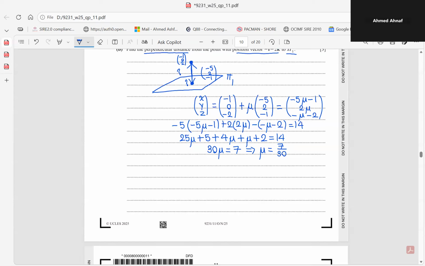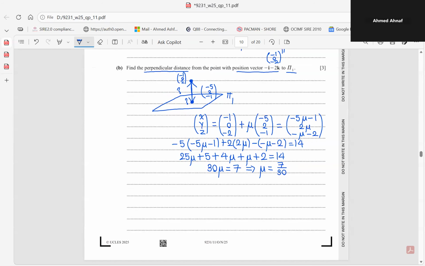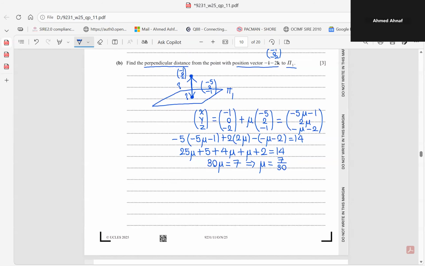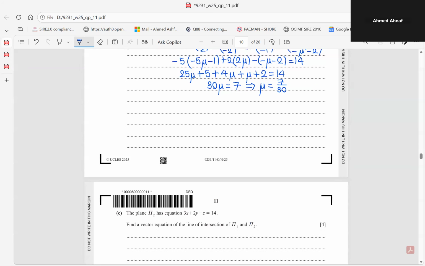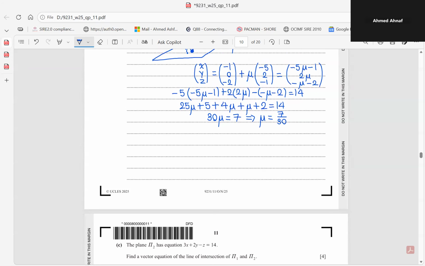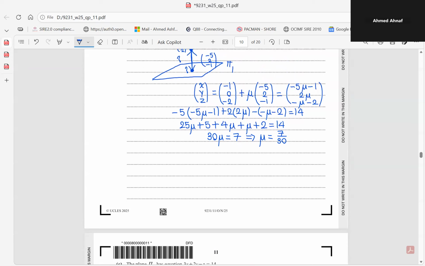Okay, so the point that we're looking for is just 5 times 7 over 30 minus 1, 2 times 7 over 30, minus 7 over 30 minus 2.